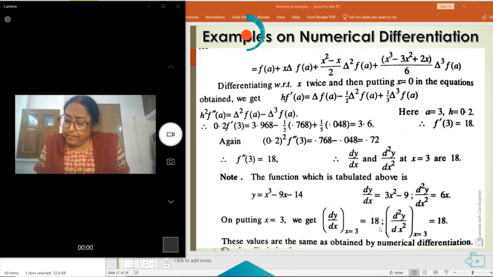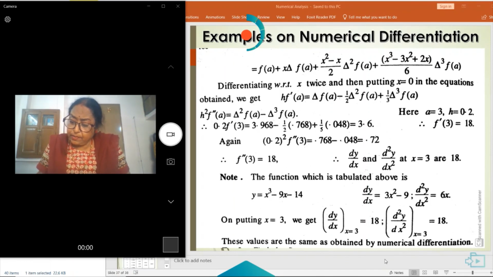Seeing from the table, we can find the value of this, which comes to 0.264. So for f double dash 1.1, again differentiating the function and substituting the values from the table, we get f double dash 1.1 is equal to 6.60.